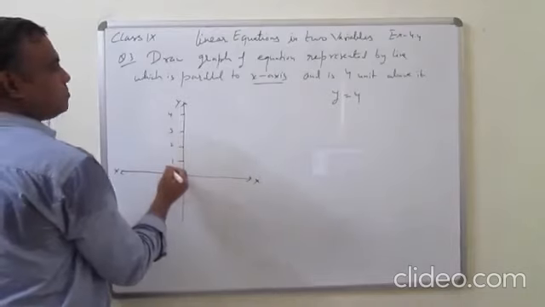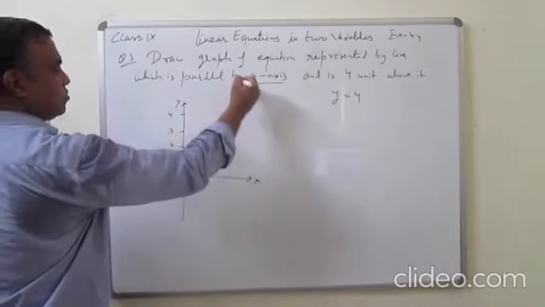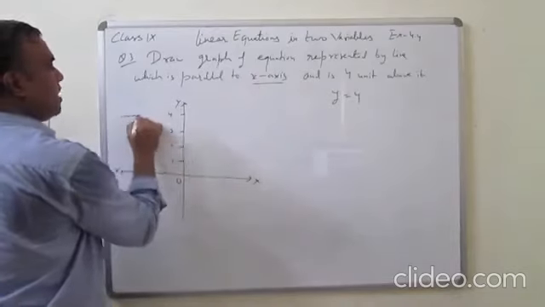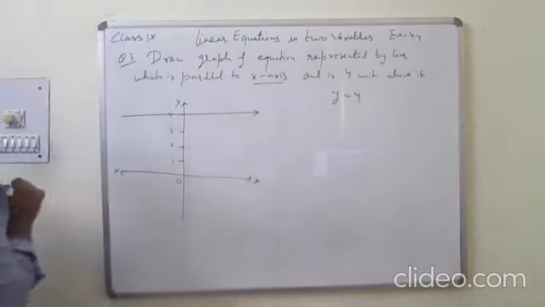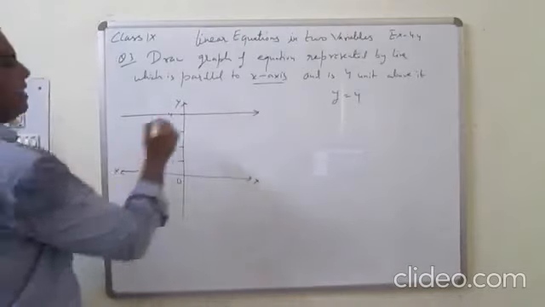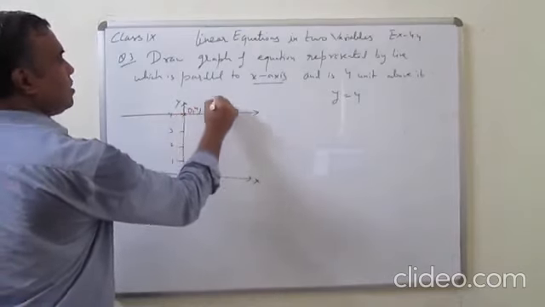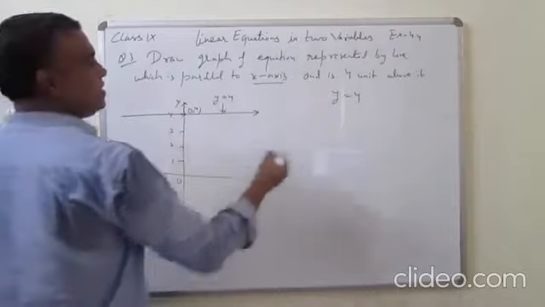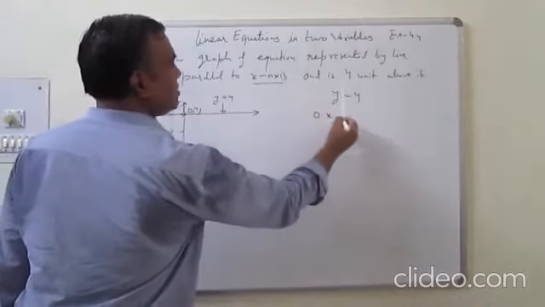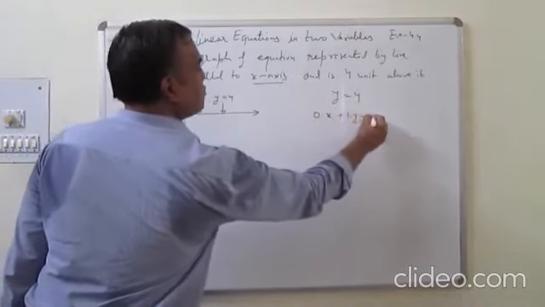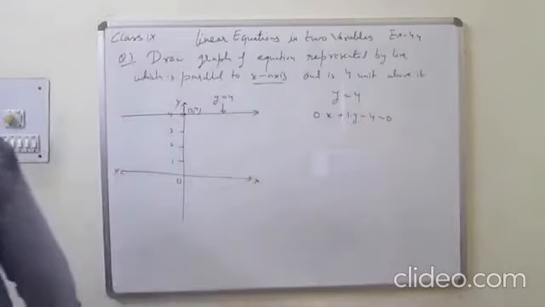So this is the line parallel to x axis, and it is (0, 4), or y is equal to 4. You can write it in this way also, 0 into x plus 1y minus 4 is equal to 0.